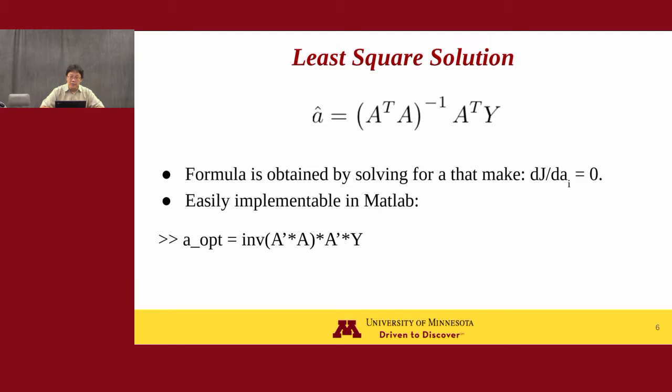In the matrix equation, the best fit solution for the parameters can be obtained using this formula, which is A transpose times A, inverse, multiplied by A transpose, and then multiplied by the output vector Y. And this formula is obtained by solving for the a's that make dJ by da_i equal to 0 for all i equals 1 to n, where n is the number of unknown parameters. And this can be easily implemented in MATLAB in this way.